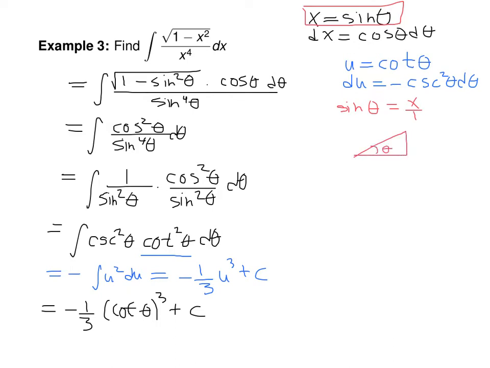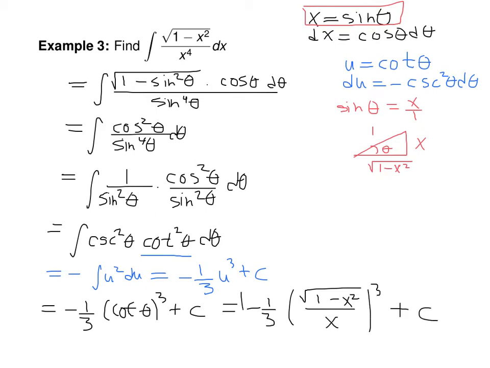So this is my theta. Sine is the opposite over the hypotenuse. The remaining side, the adjacent side, is root 1 minus x squared. Cotangent is the reciprocal of tangent, so if tangent is opposite over adjacent, cotangent is adjacent over opposite. So we will have negative 1/3 multiplied by root 1 minus x squared all over x, the quantity cubed, plus c.